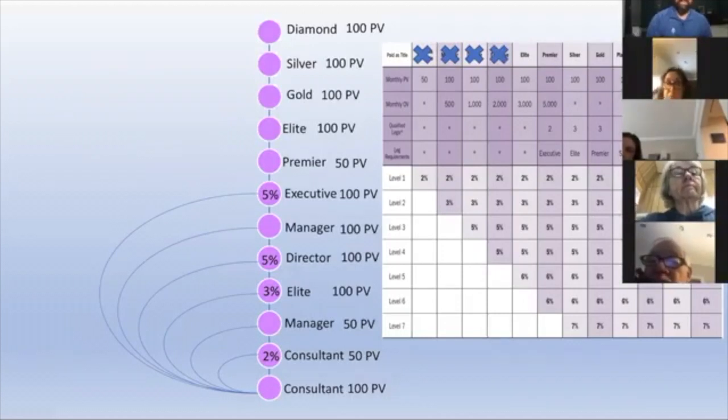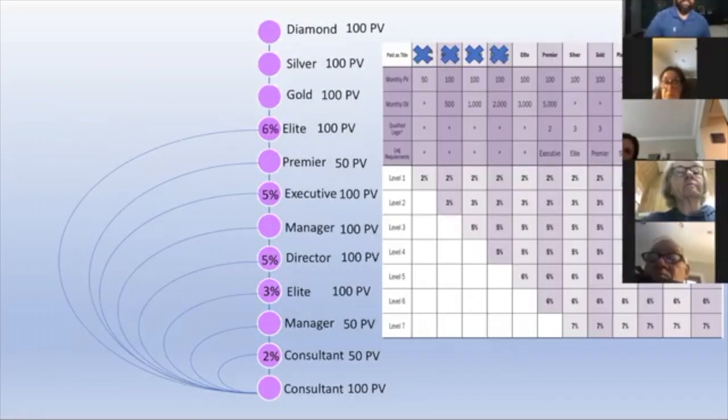So as we continue to evaluate, next we're looking for an elite. We've got a premier, so that meets the rank requirement, but that premier did not place a 100 PV order. That premier will not receive any commission on this order. Now let's keep going. We're still looking for an elite with a 100 PV order, and we do have one here.